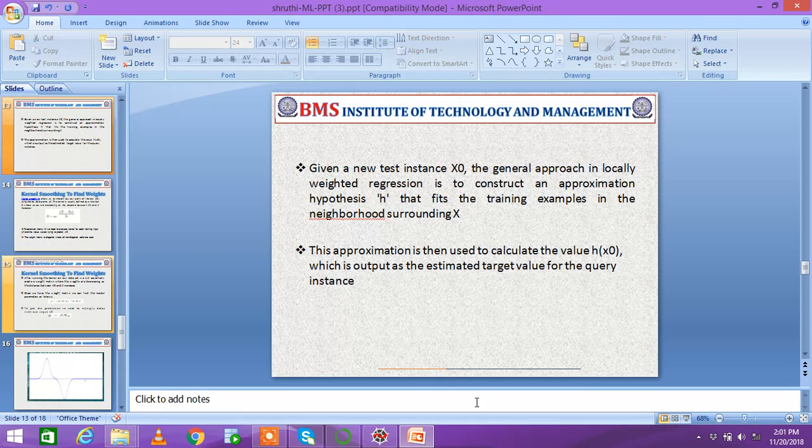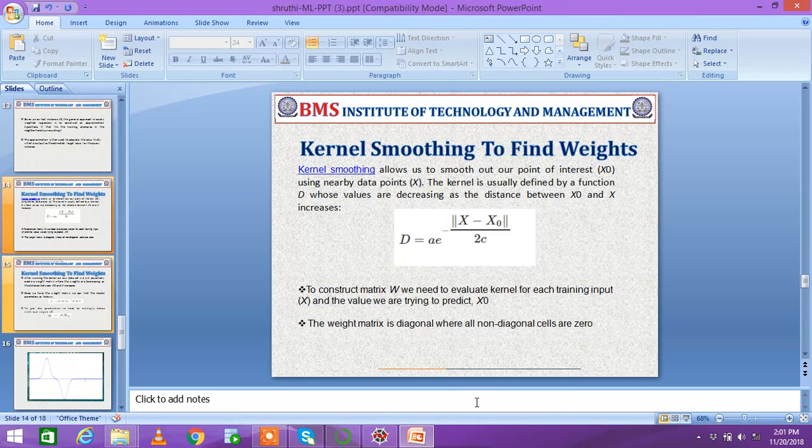Now, if you have to assign a weight, what is needed to find the weight? We need kernel smoothing. What is kernel smoothing? It allows us to smooth out our point of interest x naught using nearby data points x.